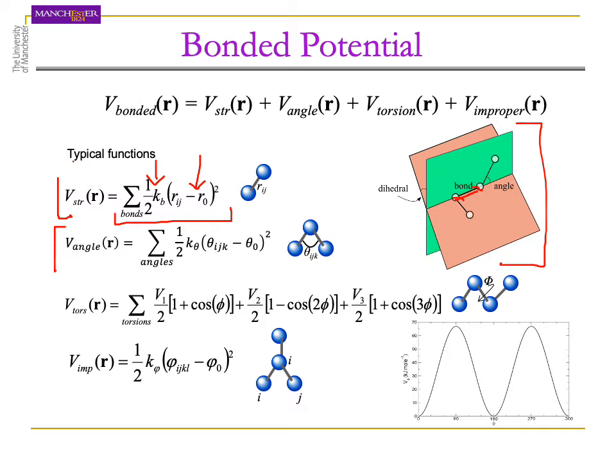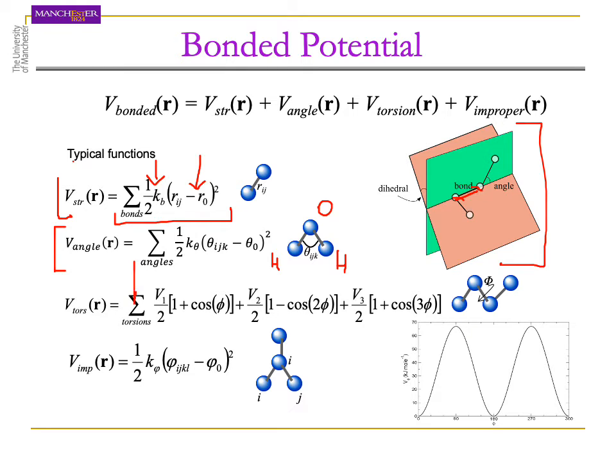The second term in the sum is the term that describes the variation of the angle between three atoms. So here this could be, for example, a water molecule. We have hydrogen, oxygen, hydrogen, and this term describes the variation of the angle in a water molecule.